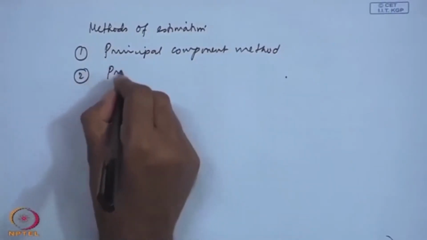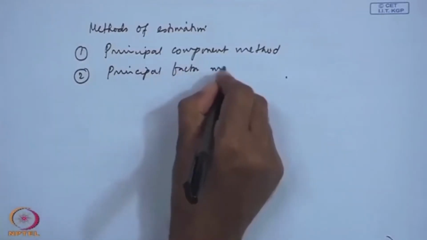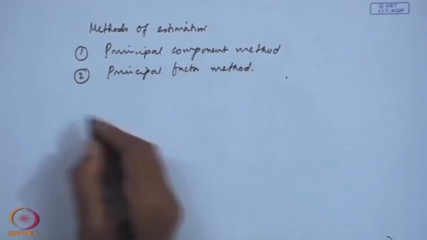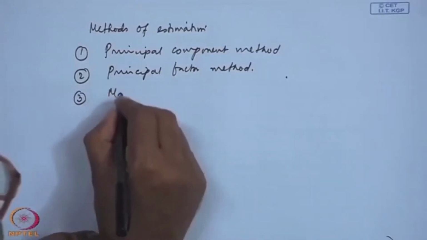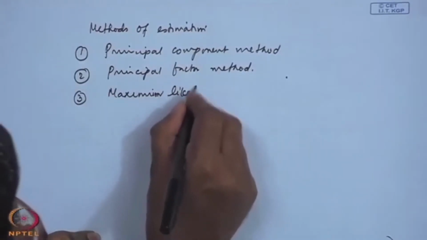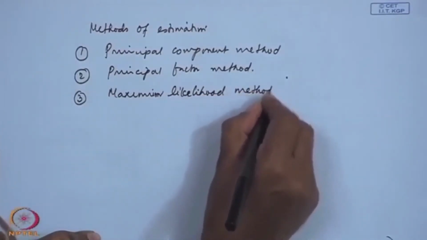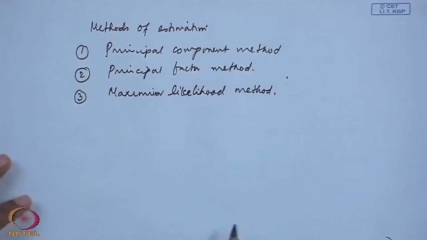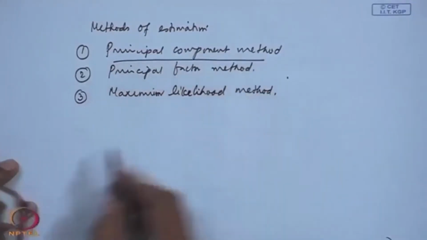Second one is the principal factor method. And third one is the maximum likelihood method. Okay. First we describe the principal component method.